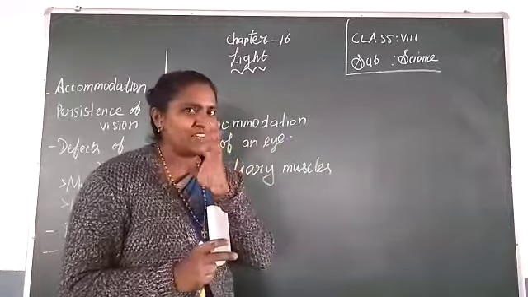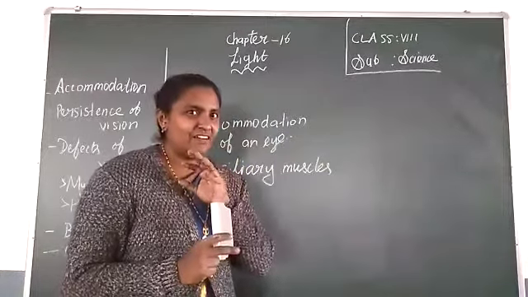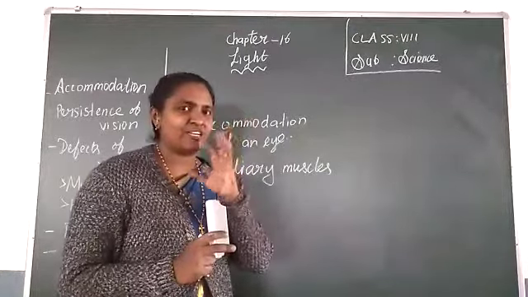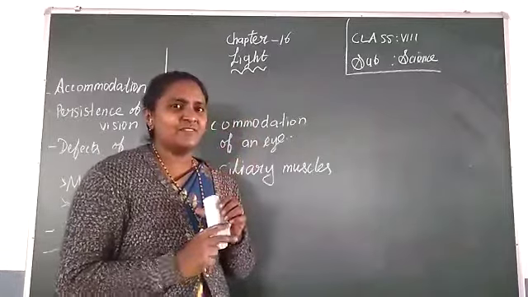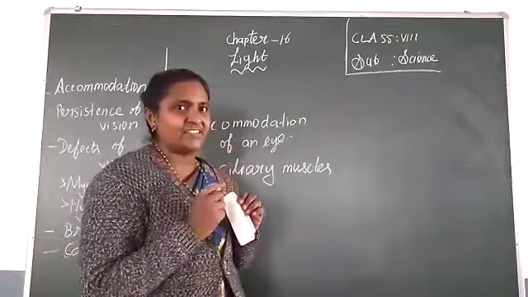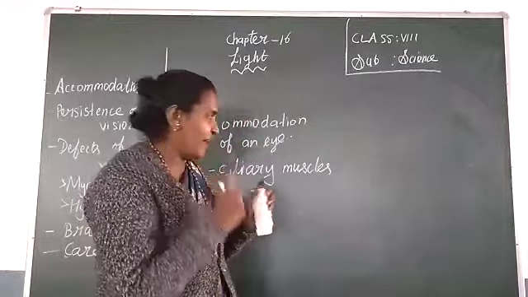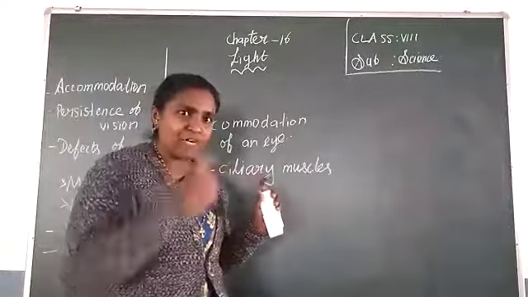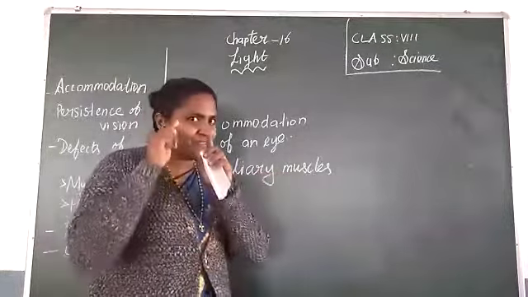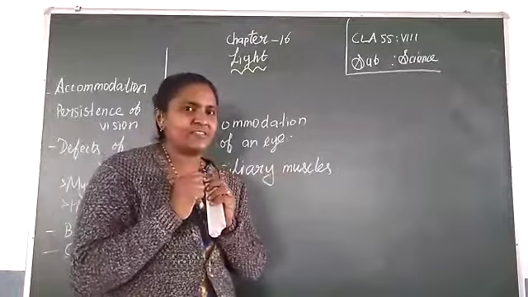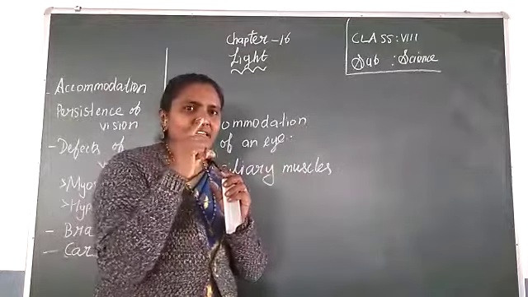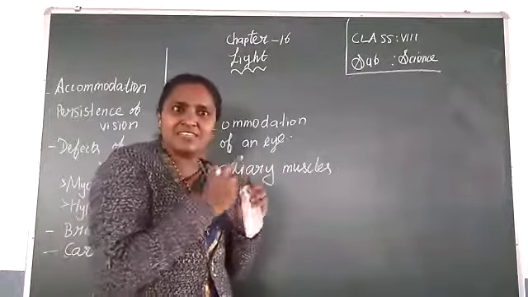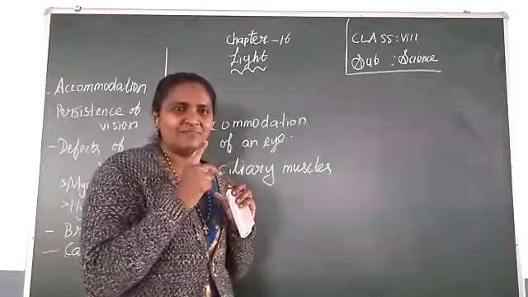So what is accommodation of the eye? It is the adjustment of our eye's lens. Our lens is a convex lens, supported by the ciliary muscles. These ciliary muscles make the lens thinner and thicker because it is not rigid, it is flexible.